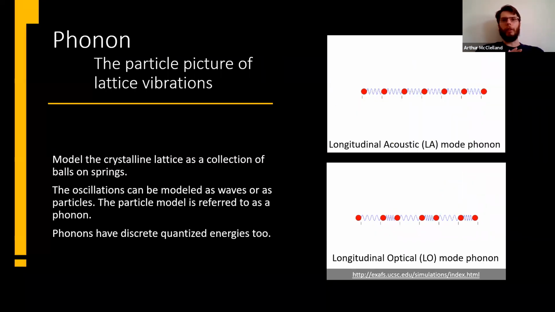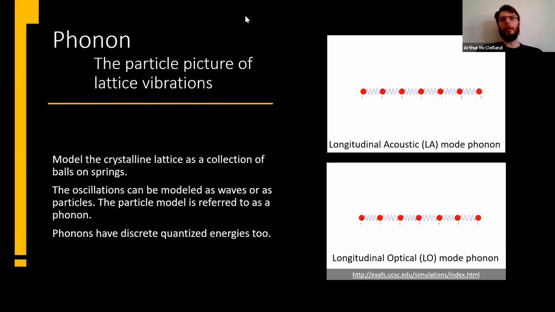All right, so a couple more terms, a phonon. I'll talk next week about why everything's a particle and a wave, the wave-particle duality, but for now, I'm just going to say wave-particle duality is a thing in quantum physics, and a phonon would be the particle picture of a lattice vibration.